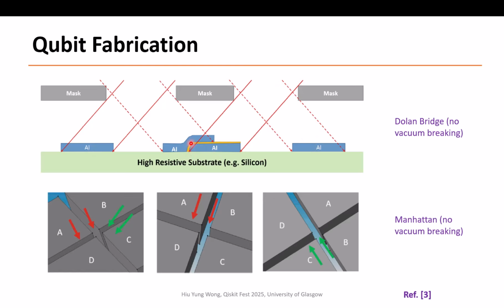Then you do oxidation to form the aluminum oxide as the insulator of the Josephson junction. And then you do another directional sputtering, and you will form a Josephson junction here because this aluminum will overlap with this one, but you don't have that here. This direction only creates this one, and this one.